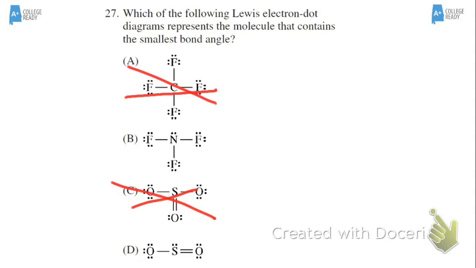B is a derivative of A, and D is a derivative of C. So if I remove a bonding pair of electrons off of C, I get D, which means that that's going to push that bond angle down, decrease it by about 2 to 4 degrees. So we said earlier that this is 120.